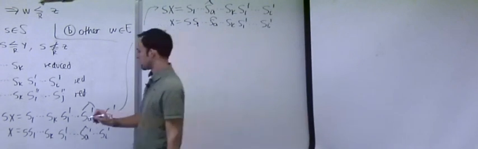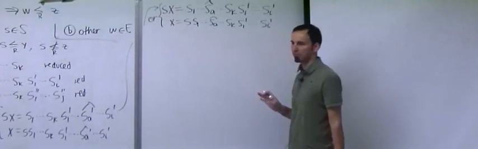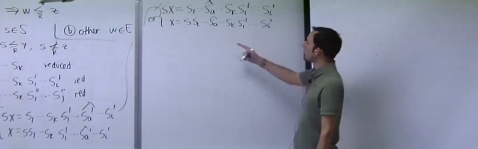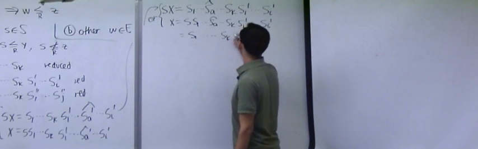Yeah, so either I had something like this or I have something like this, but I want to prove to you that this cannot happen. Why is it that this can't happen? Because I have a different expression for x that looks like s1 up to sk, and then it finishes in the same way.